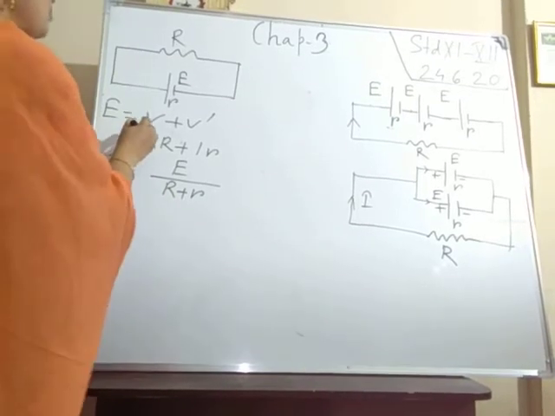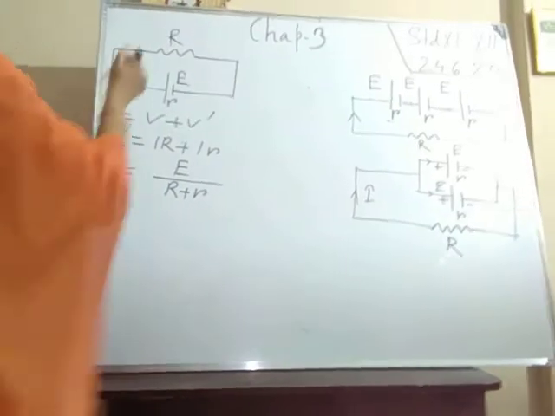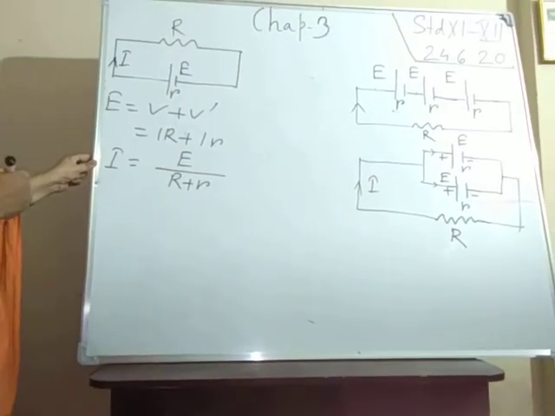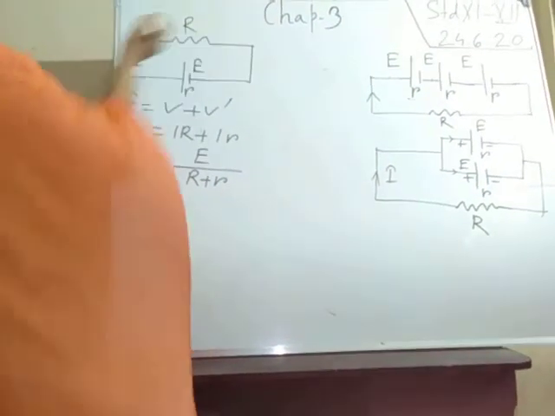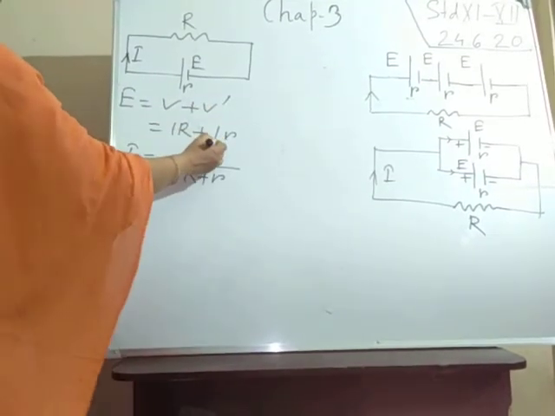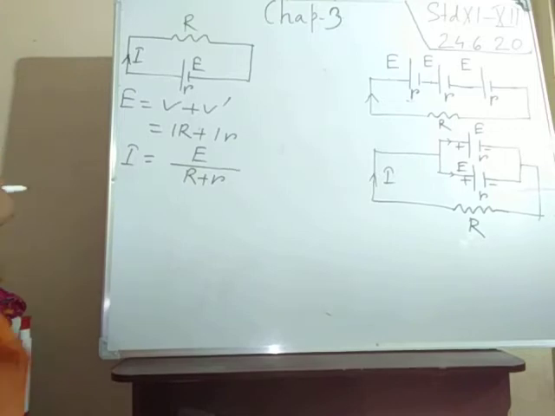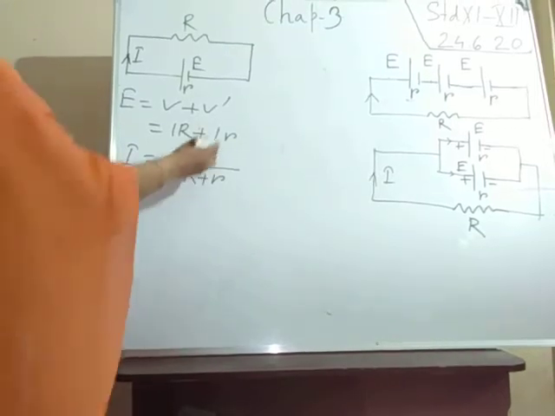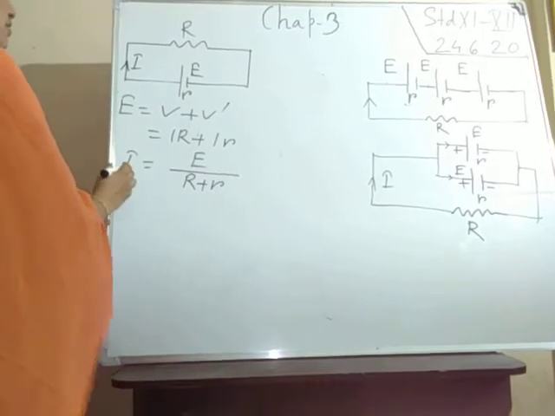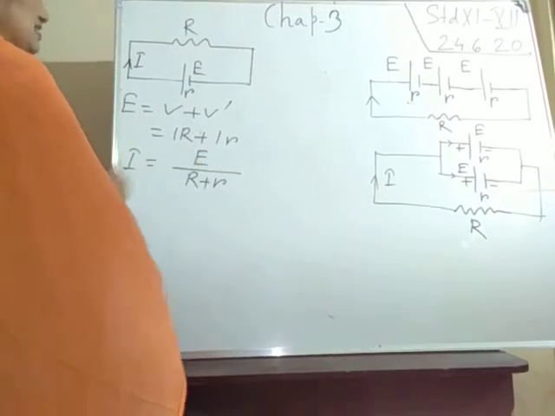So if I current is supplied by the battery, and I current is passed through R, then V equal to IR, and V prime equal to I into small r, because this internal resistance is r. So from this equation we can calculate the value of I equal to E by R plus r.